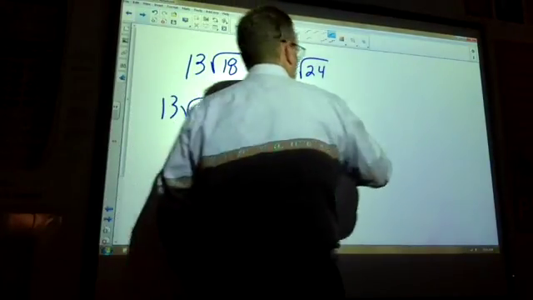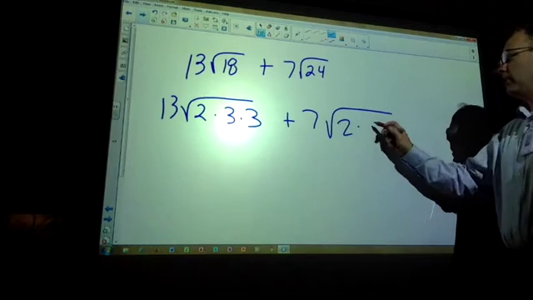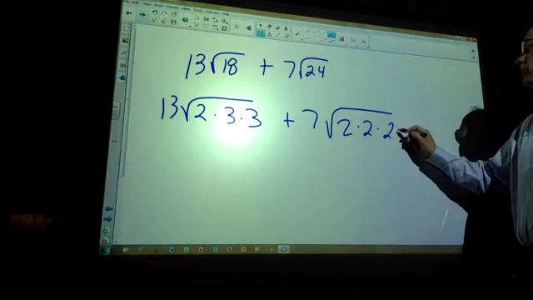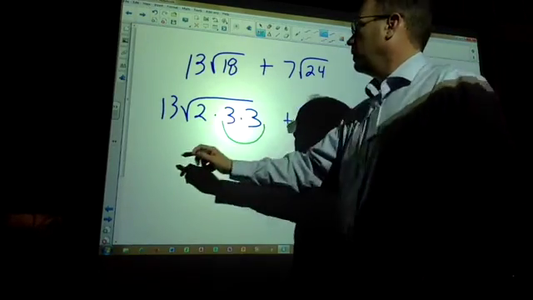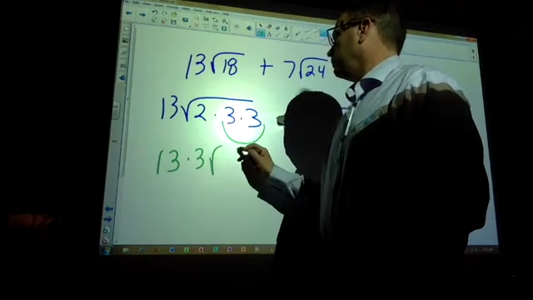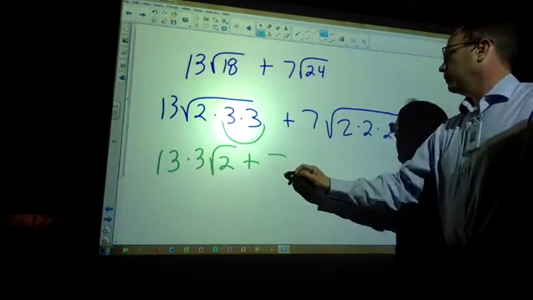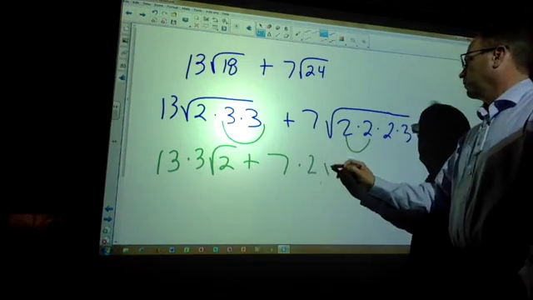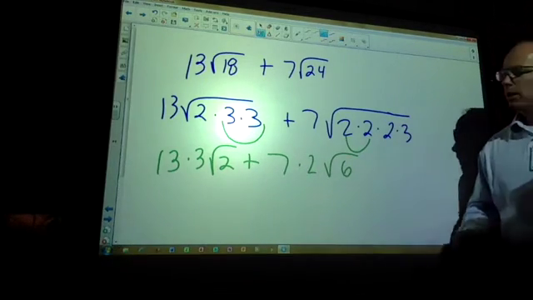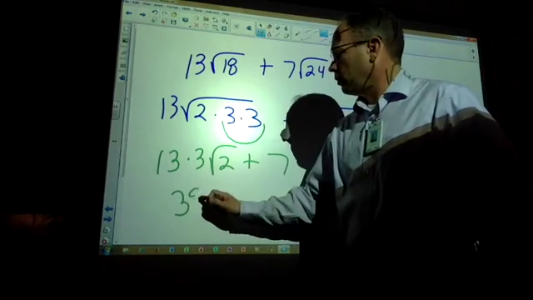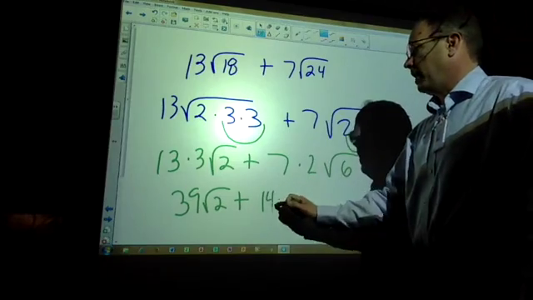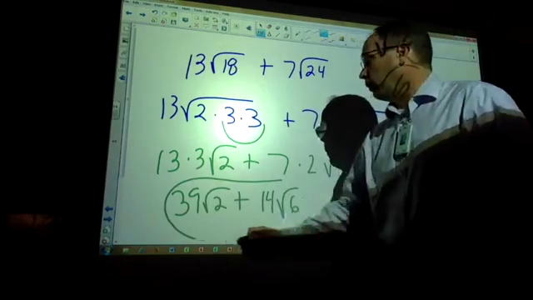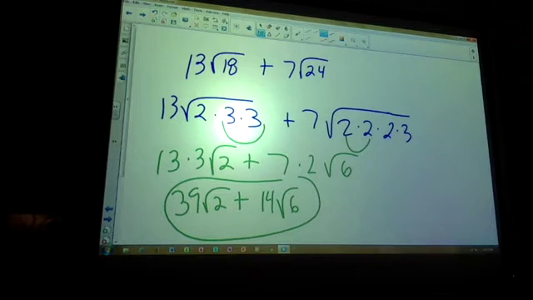Plus 7. 24 breaks down to 2 times 12. 12 breaks down to 2 times 6. 6 breaks down to 2 times 3. Looking for pairs. Is that right so far? Do the little math. That's 39 root 2 plus 14 root 6. Can I combine these together now? No. If the radicals had broken down into the same thing, could you then combine them together? Yes, absolutely.